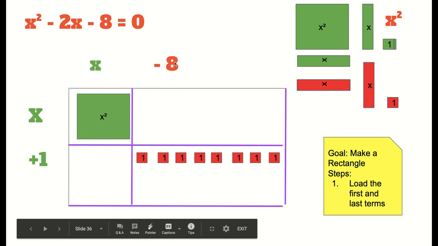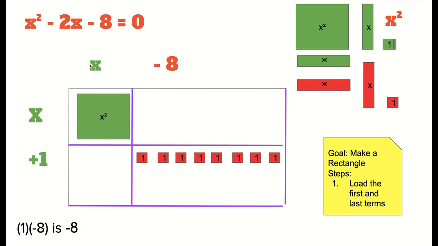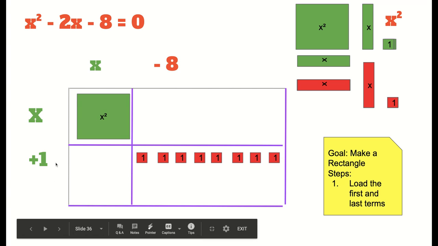All right, so choosing the last one, we get x squared, and we get negative 8 as the constant. Now, in order to get x squared, we would have to multiply x times x. And in order to get negative 8, we would have to multiply 1 times negative 8. So that's how we got that.